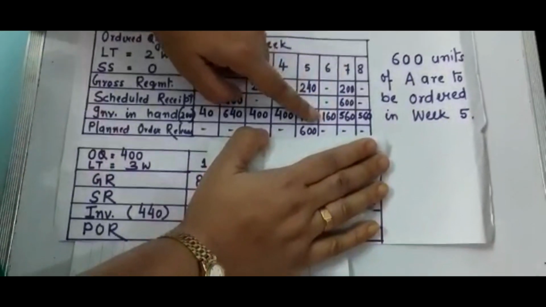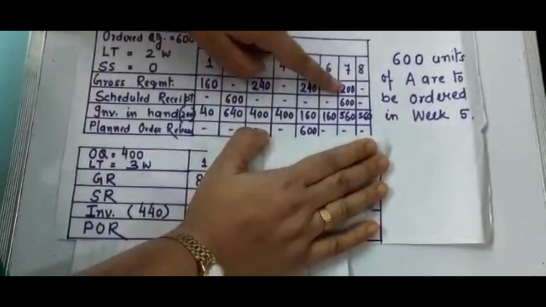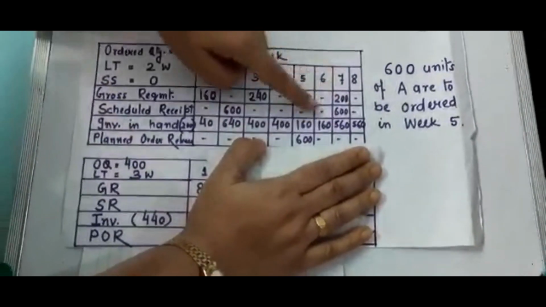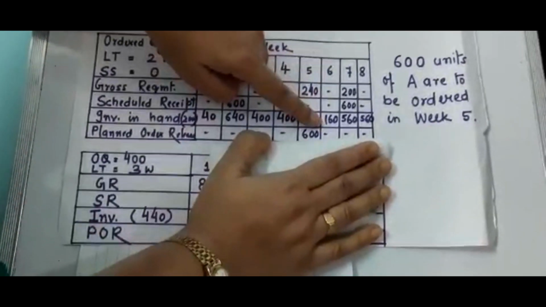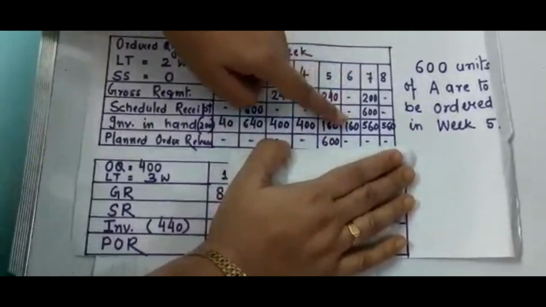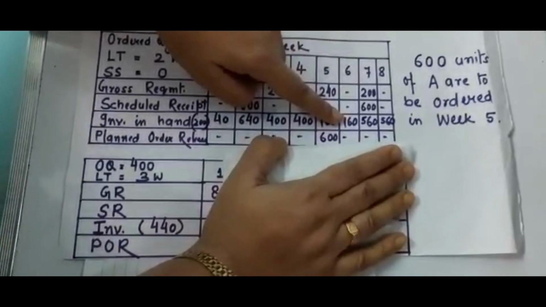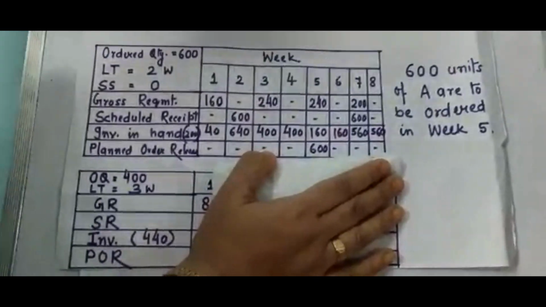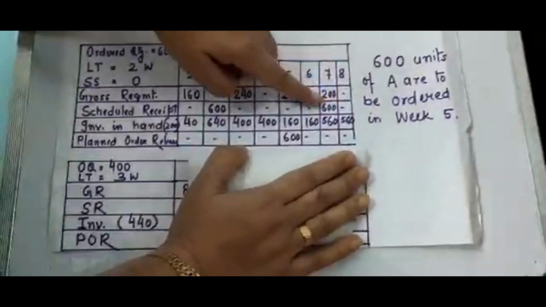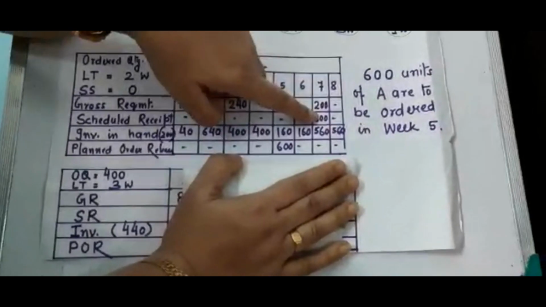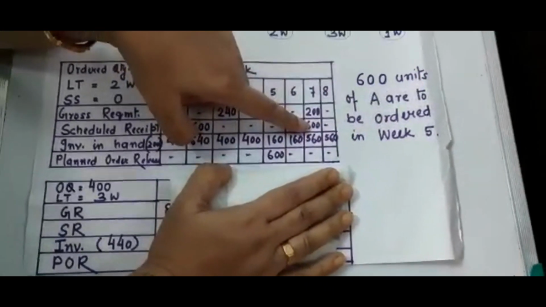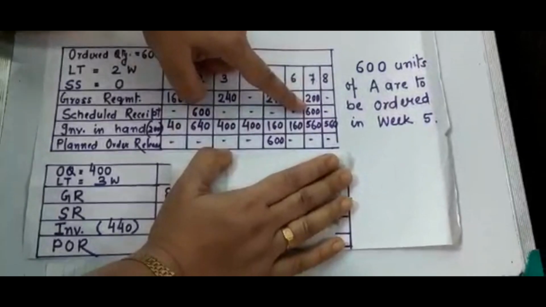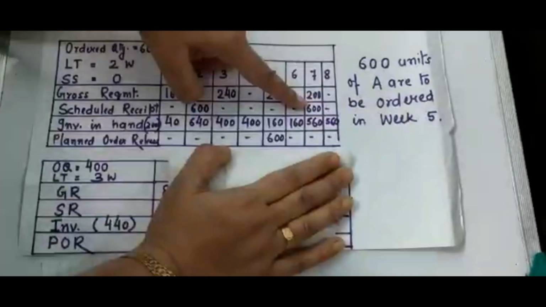Otherwise, I will not be able to meet my requirement of 200 units in the 7th week, because I am holding a stock of 160 units only at the end of 6th week. So I have to receive something. And since my order quantity is 600, I will be receiving in a batch size of 600 units. So that is the reason I have written here 600. So 600 I am scheduled to receive in the 7th week.